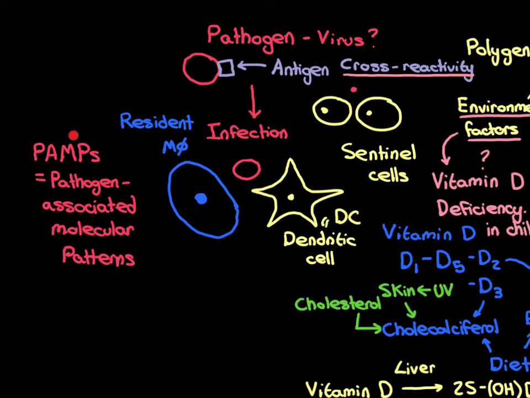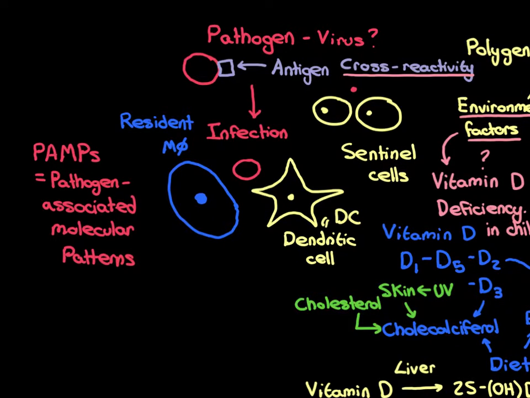So this is a great big umbrella term that covers all of these molecules that no human cell in its right mind would ever make or use, and which are a giveaway sign that there is a pathogen present within your tissue. So, the sentinel cells, the resident macrophages and the dendritic cells, have on their surface receptors for pathogen-associated molecular patterns, and if these receptors get activated, then the sentinel cells know that a pathogen is present.